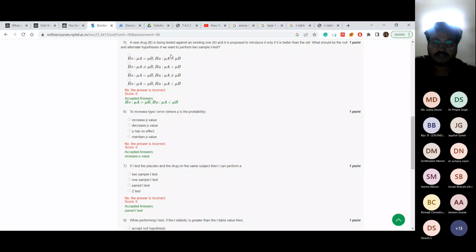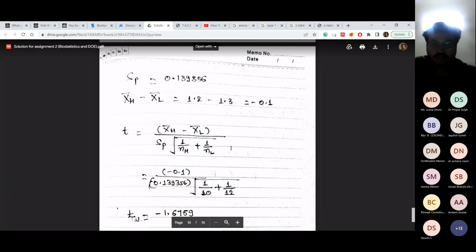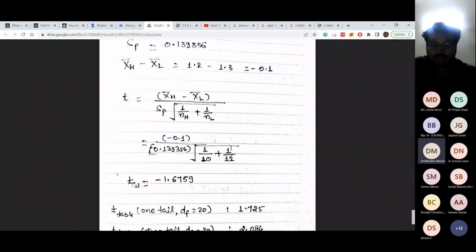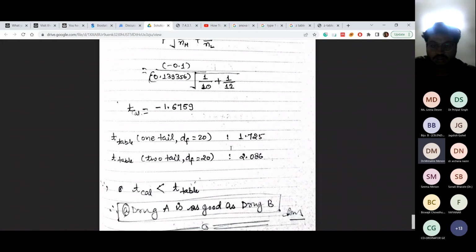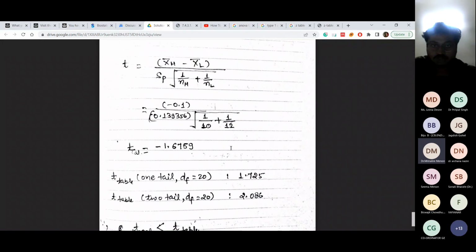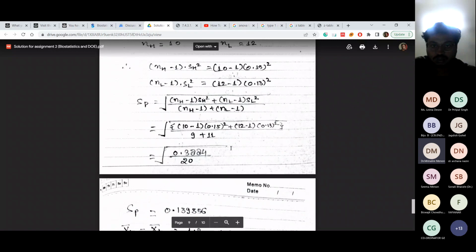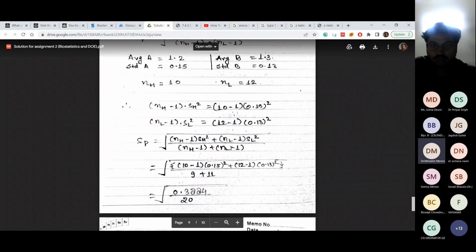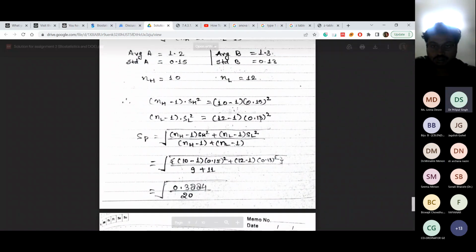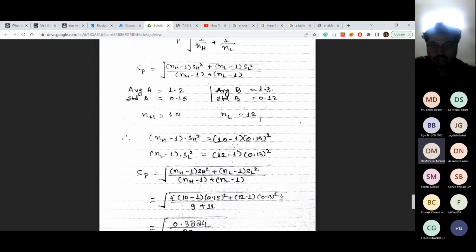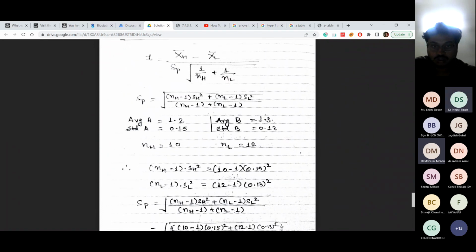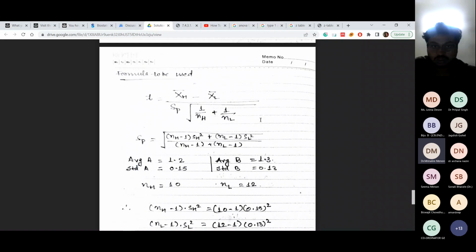Are you finding different values? Actually, for this 10th problem, I did calculate it and I did find a difference when I used XH and NH as corresponding to the higher of the 2.